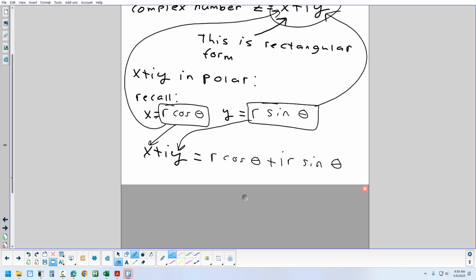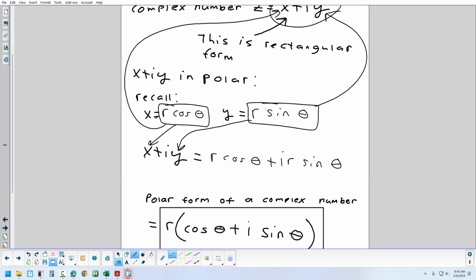What is it they both have in common? Yeah, they're both being multiplied by r. When two things are multiplied by the same thing, you don't have to write it twice. You can just write it once, in front.